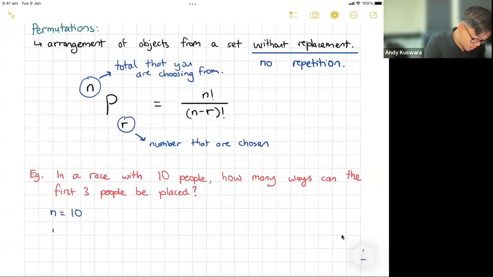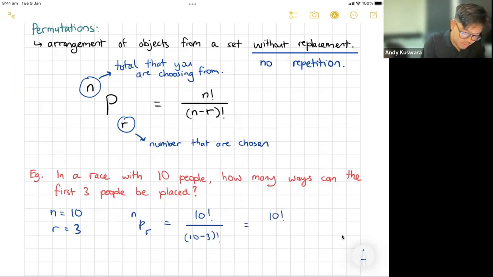And r is the number of people that are chosen, so we're choosing the first 3, so r is 3. So nPr equals n factorial, which is 10 factorial, over (n minus r) factorial. So n is 10 minus r is 3, and 10 minus 3 is 7 factorial.